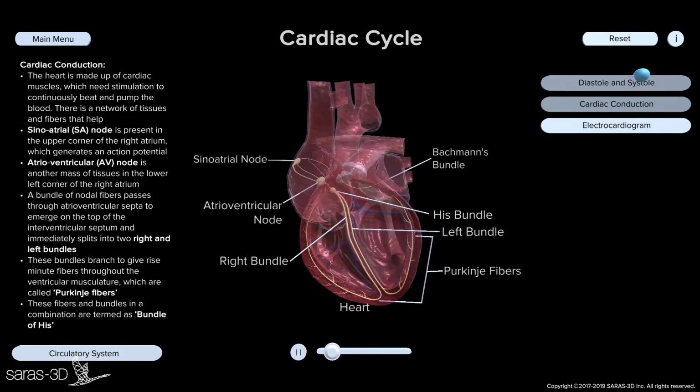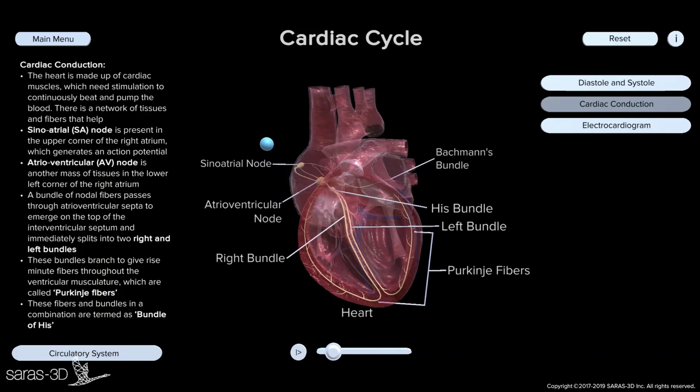So this is the conduction pathway: the sinoatrial node, from where the impulses are generated, spreads through the atrioventricular node, which is responsible for the contraction of the atria. Then the signals are sent to the bundle of His, which spreads through the interventricular septum, and finally the signals are carried to the Purkinje fibers, which are specialized fibers for maintaining the coordinated contraction of the ventricles.